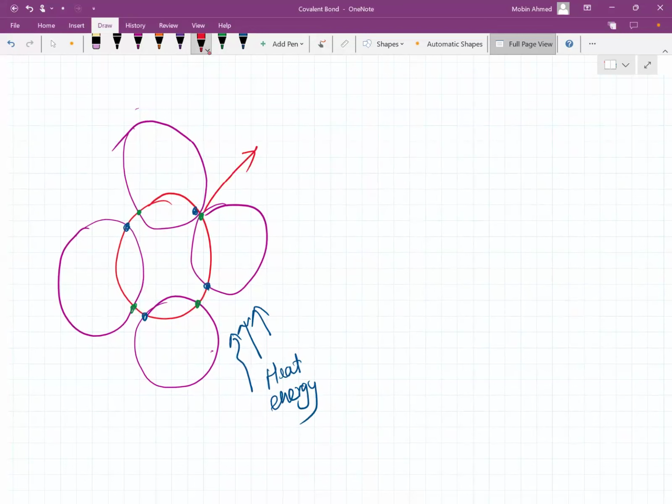Suppose this covalent bond is broken and this electron is ejected from the covalent bond, from the valence band, and has gone to the conduction band. So this electron is here now. This has become a free electron.